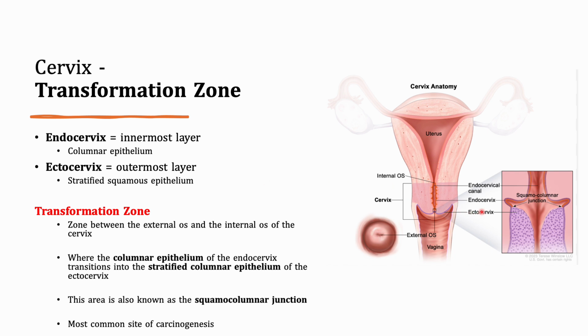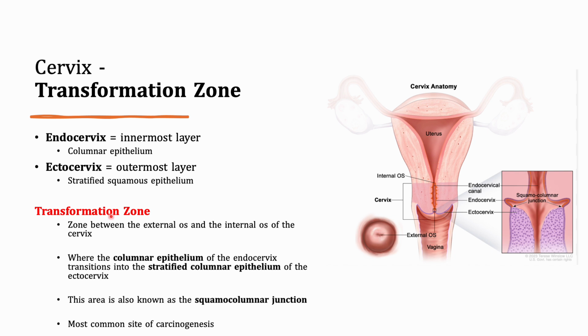So we can see here we have the endocervix, and this is going to be the columnar epithelium. And then we have the ectocervix, which is the outer layer of the cervix, and that's going to be covered in stratified squamous epithelium. So that's what this is.